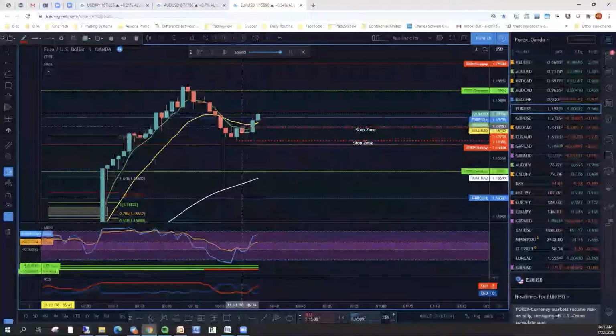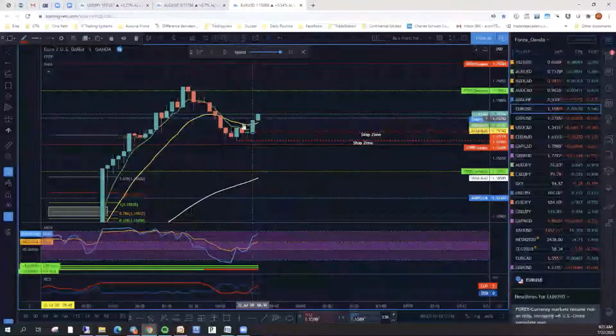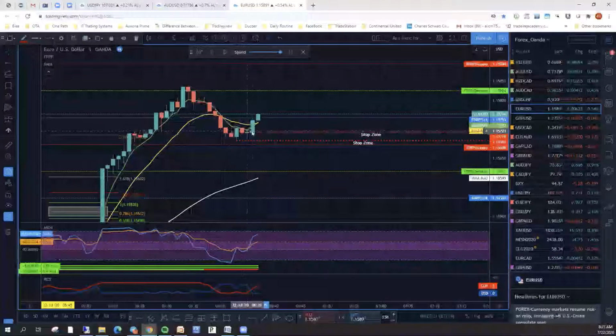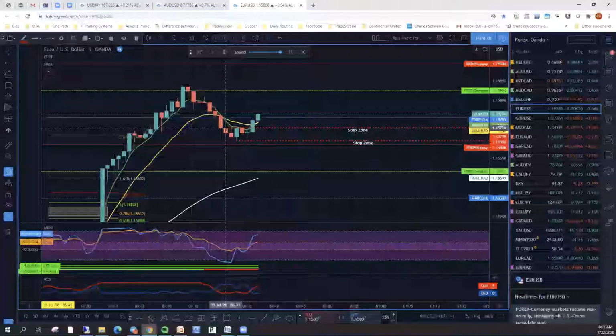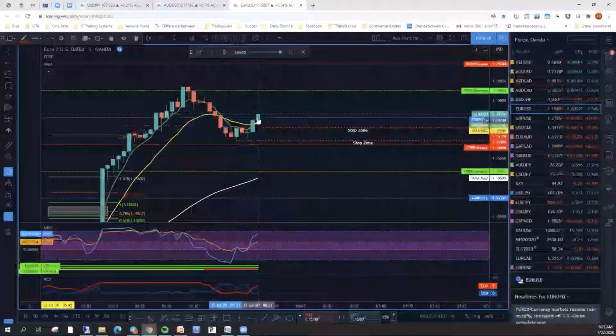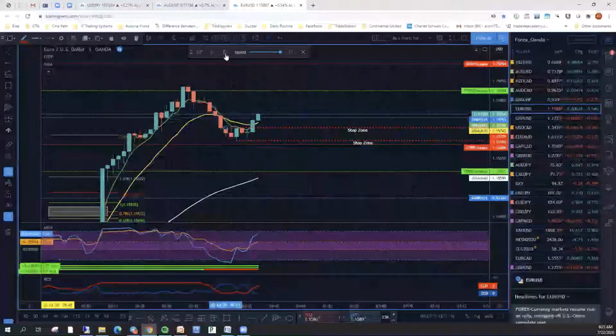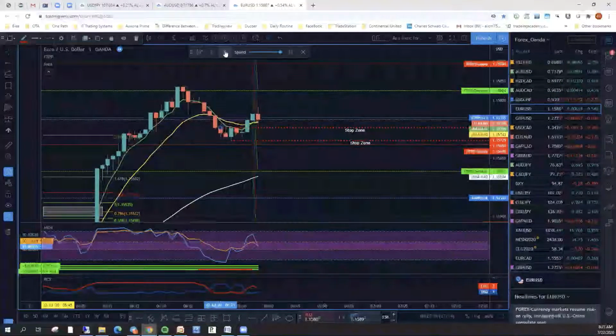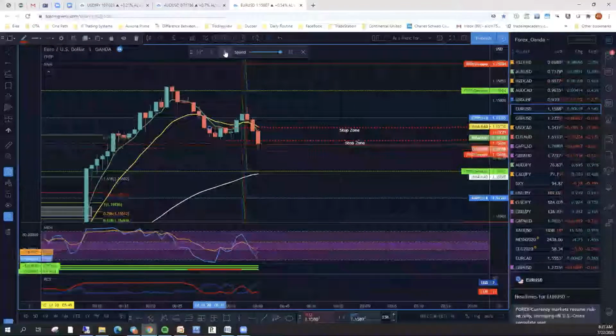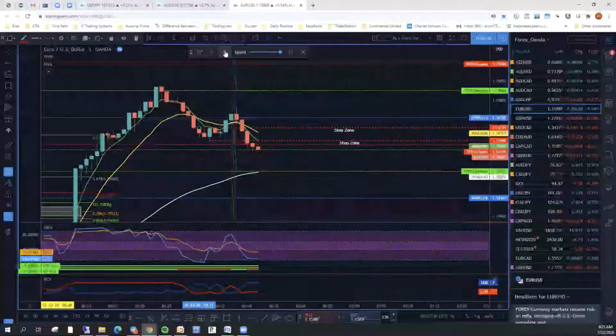So now, based on this area, you have a higher high, but you're still going to have to worry about getting through all this, because this is where the last high was. And you can see that one wouldn't have worked.